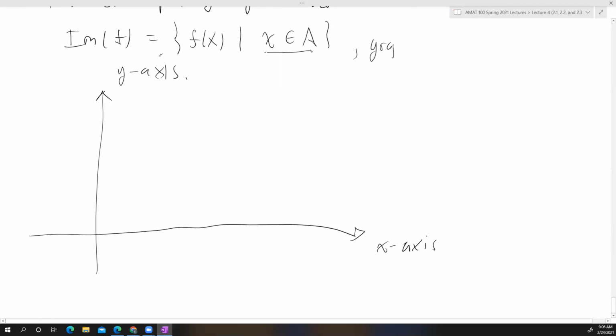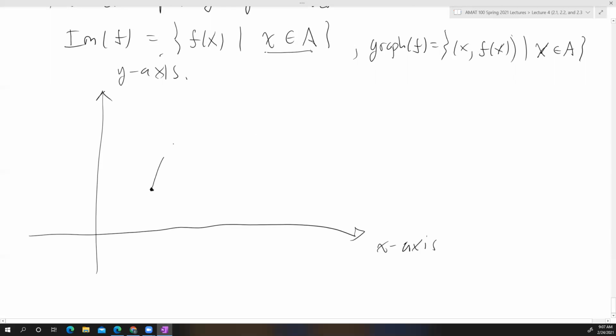And so remember, we're plotting the graph of the function, which is also a set. And I'll remind you of what that is. It's all the ordered pairs x comma f of x, such that x is an element in the domain.